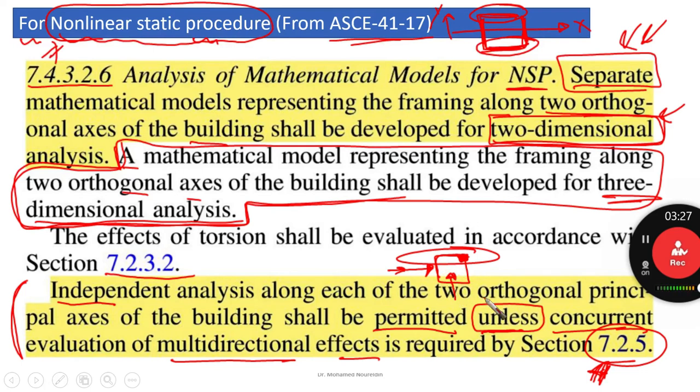If not, according to this section, then for example for this column, we need to get the stresses coming from two perpendicular directions, then we need to use 3D, or what we call the multi-directional effects. Okay, so this is for NSP.